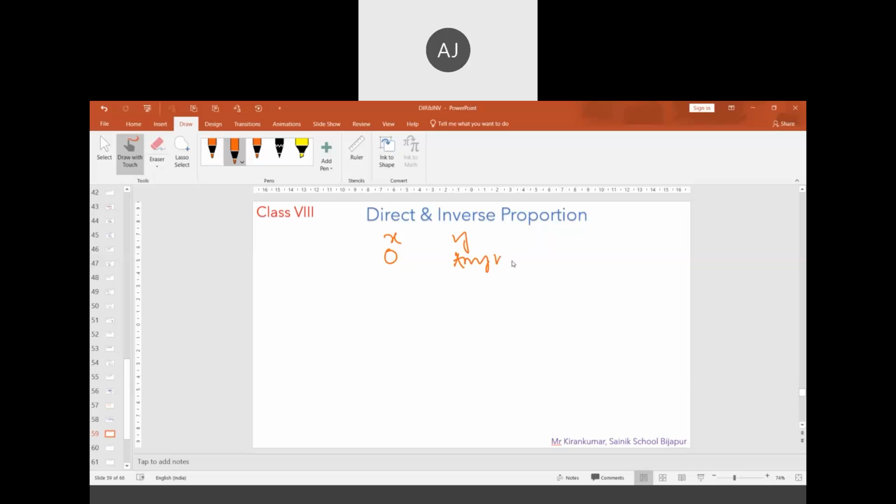That is, the constant is always 0 only, sir. Yes, the constant will always be 0 because the product will become 0. But we rarely get that type of situation where the product is 0. We have to see the example also. Any other doubt? No, sir.